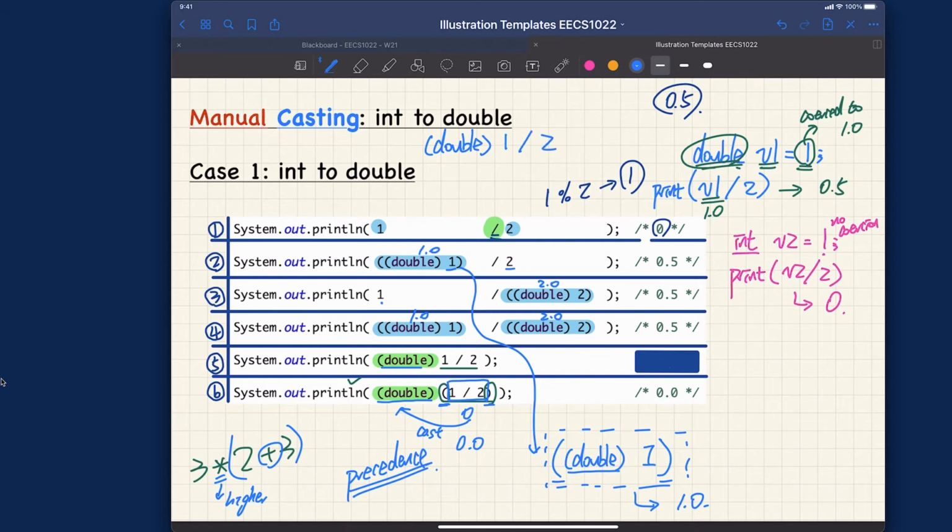The casting operator actually has higher precedence than division. So it's as if you actually wrote double 1, do this first, divided by 2. This part here is implicit. So these two expressions are simply equivalent.